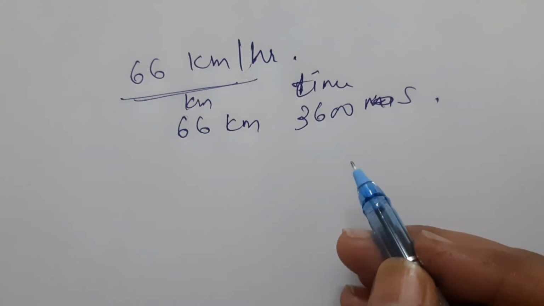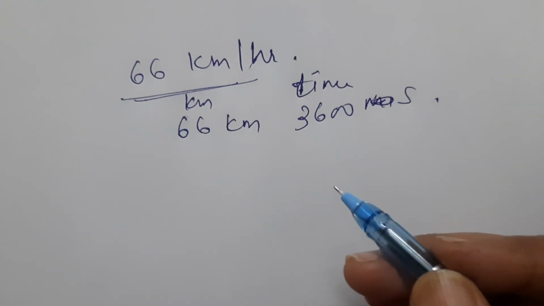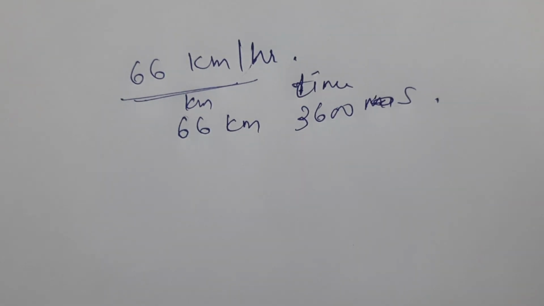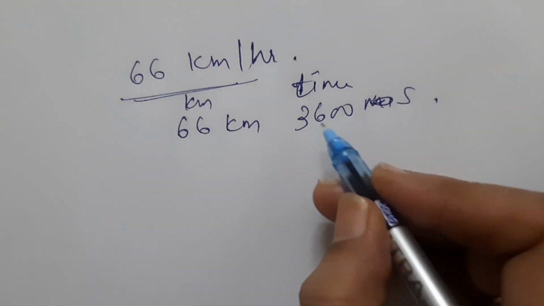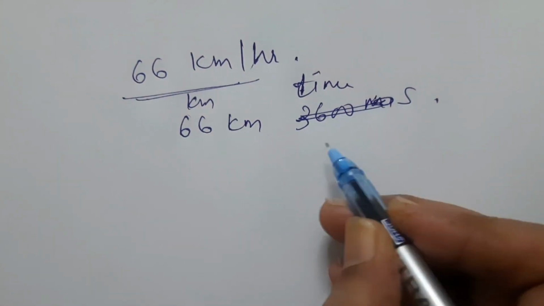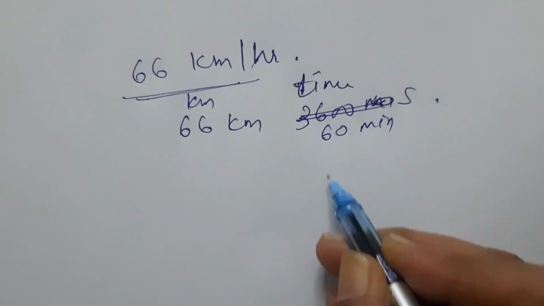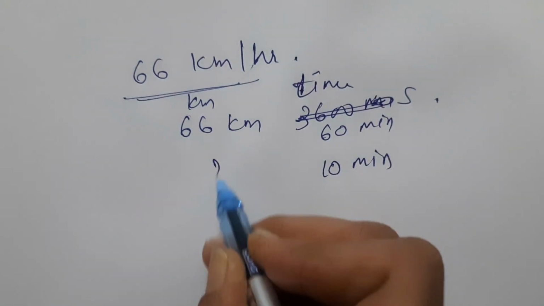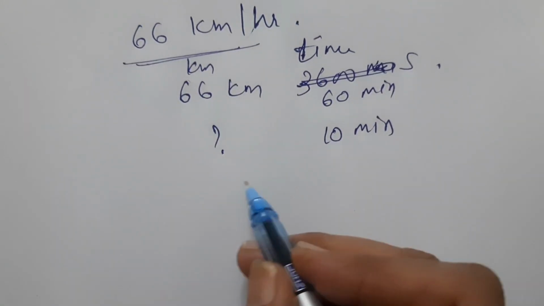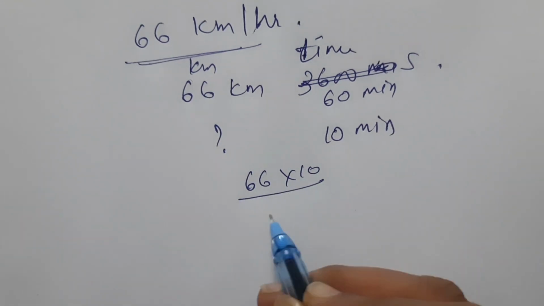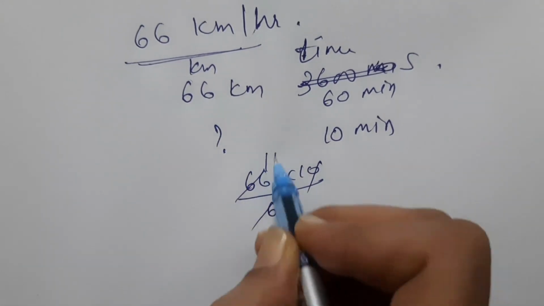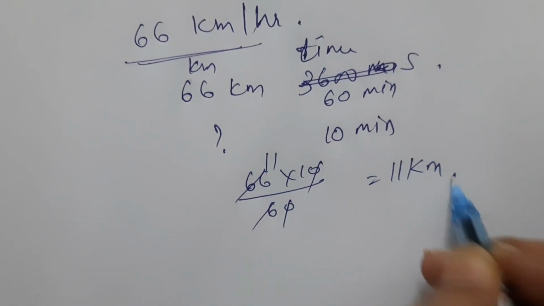Now how much distance it will cover in 1 hour, they will be giving certain time. In 10 minutes, how much distance it will cover. So if the time is given in minutes, we will take it as 60 minutes. In 10 minutes, how much distance is covered. So let's find out. Cross multiplication, 66 multiplied by 10 upon 60. So here it will cover 11 km in 10 minutes.